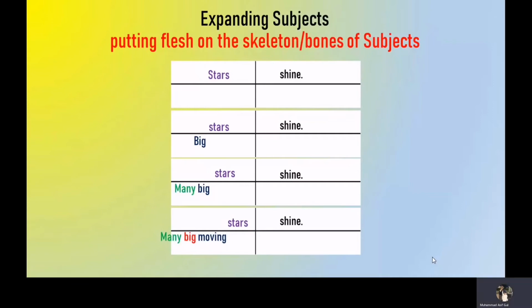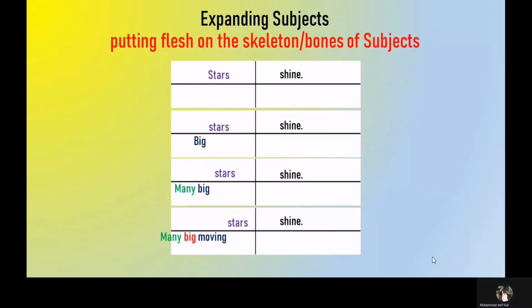Here, big has become an adverb. How has it become an adverb? Once again, we will learn when we talk about adverbs. But here we are learning how we can expand subjects.